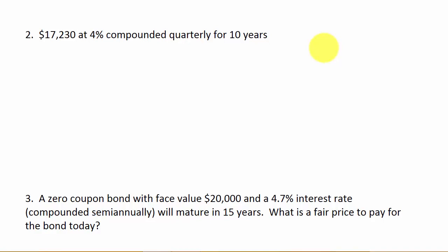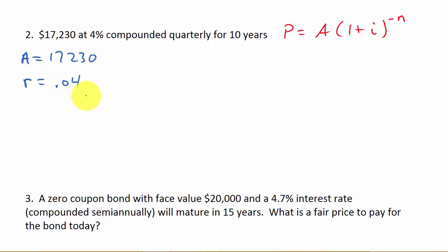All right, let's take a look at the next one. We have $17,230 at 4% compounded quarterly for 10 years. First let's write down our formula: P is equal to A times (1 plus i) to the negative n. A is 17,230. R, the interest rate, is 0.04.